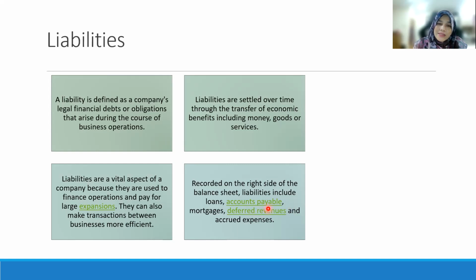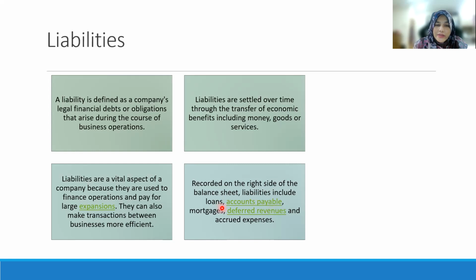For example, when Tesco buys items from Nestle, let's say 10 cartons of Milo, the amount that they need to pay to Nestle will be recorded under accounts payable. The exact name is trade payable. Trade payable is the amount that the company needs to pay the creditors or the suppliers of their goods.